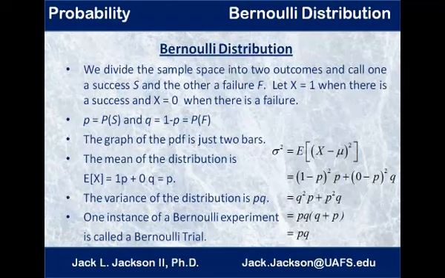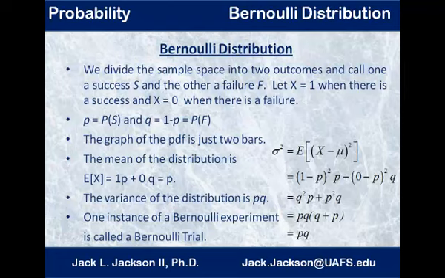Let x equal 1 when there's a success, x equal 0 when there's a failure. P is the probability of success, Q, which is 1 minus P, is the probability of failure. And the graph is just two bars on the PDF with heights Q above 0 and P above 1.